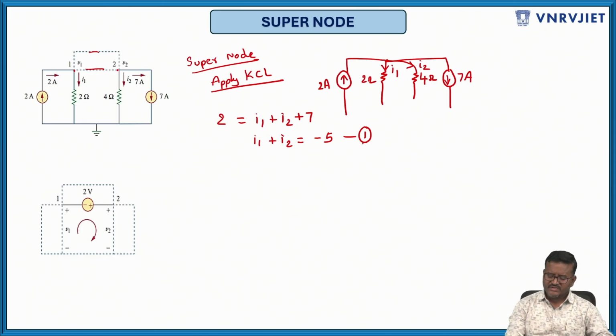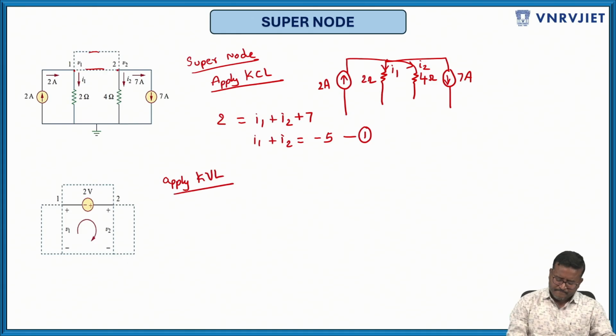Now with this single equation alone, you can't determine the node voltages. So we will apply KVL also. Apply KVL. By visual inspection, this is V1, this is V2, and here we have the 2 volt source.